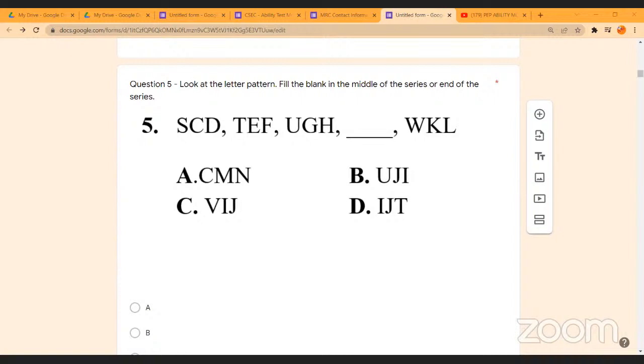Anyone know the exact date of the exam? Did you get a timetable? Yes, miss, I got the 24th. Anyone else got the 24th for the exam?